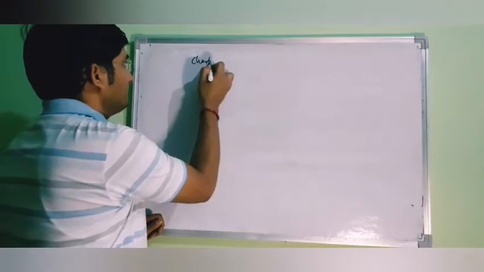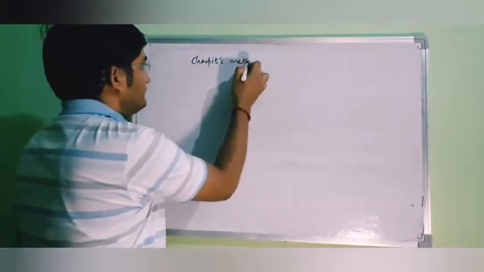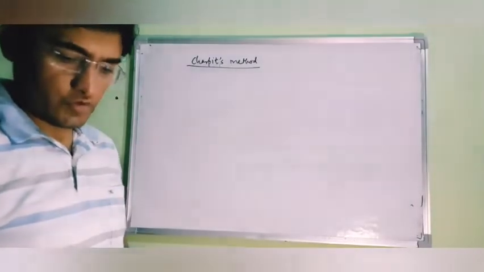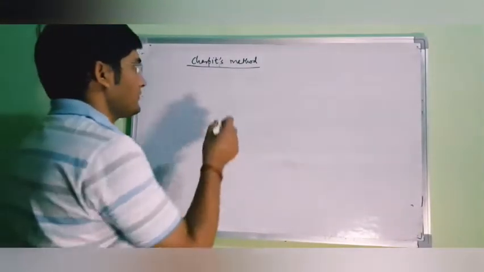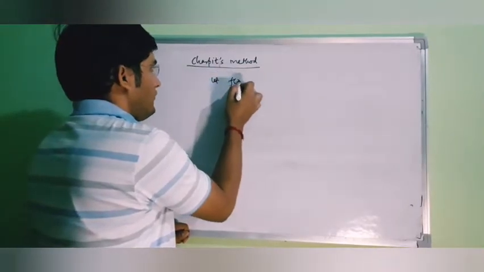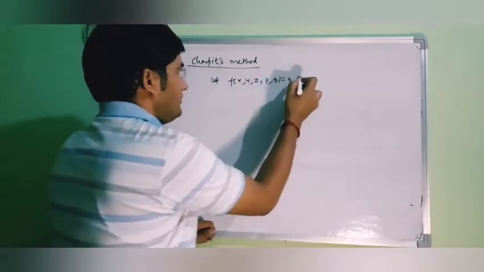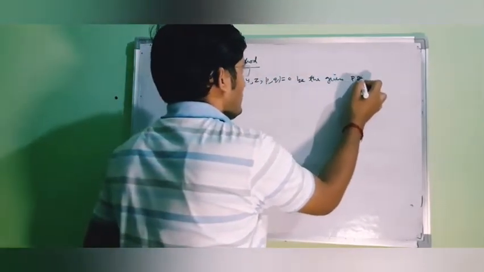Charpit's method, for partial differential equations of order 1 and degree maybe more than 1. So that means we can solve the nonlinear partial differential equation. So let f of x, y, z, p, q equal to 0 be the given partial differential equation.